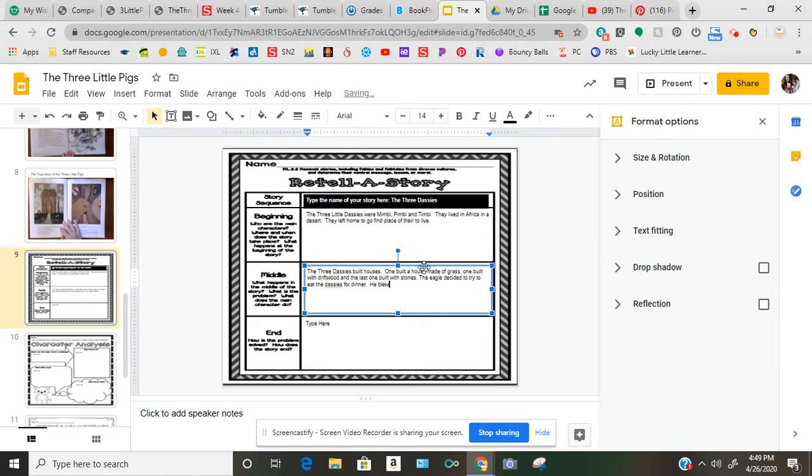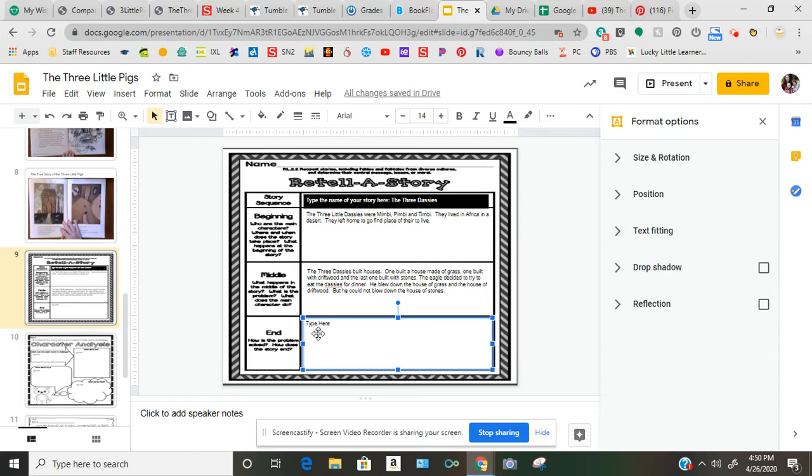He blew down the house of grass and the house of driftwood. But he could not blow down the house of stones.